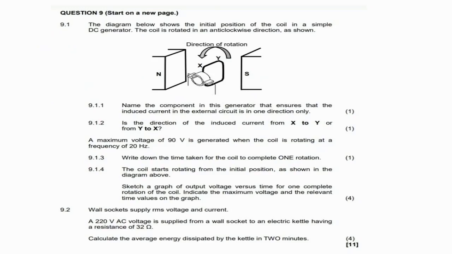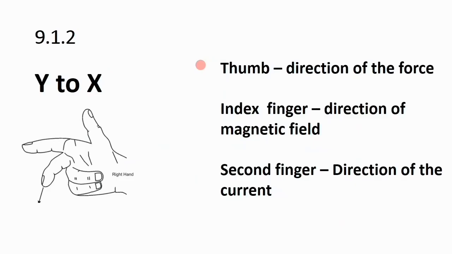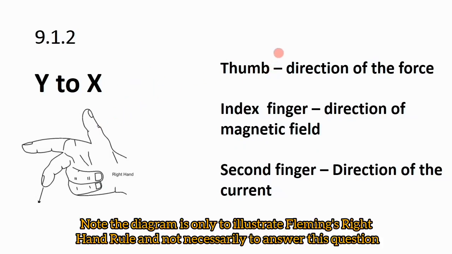Then 9.1.2 says is the direction of the induced current from X to Y or from Y to X. Since this is a generator, we know that we have to apply our Fleming's right hand rule in order to answer that one. But from here we can almost tell that if this is in an anti-clockwise direction, then we'll have this side facing up, and therefore the current will now flow in this direction, so from Y to X. Then if you want to use your right hand rule, your thumb will indicate the direction of the force, the index finger the direction of the magnetic field, and the second finger the direction of the current.